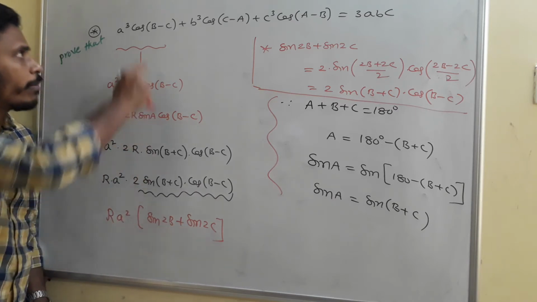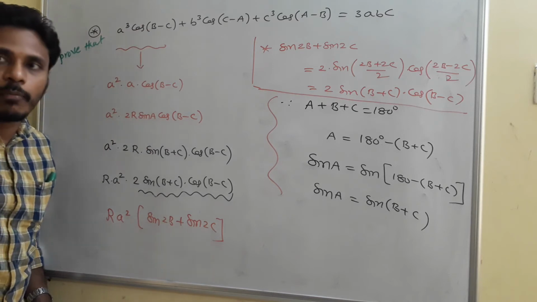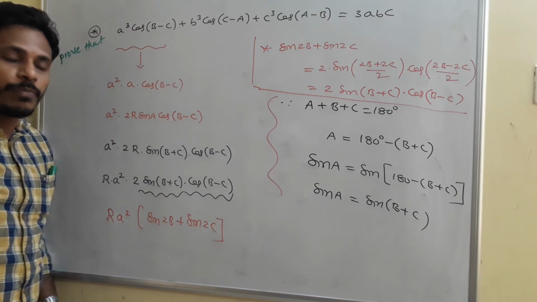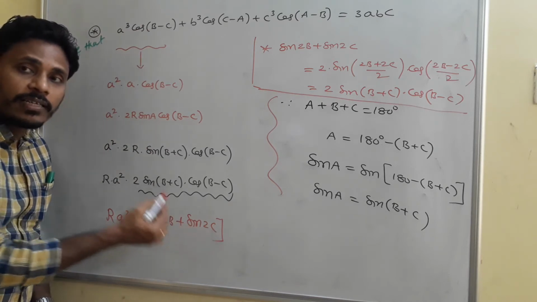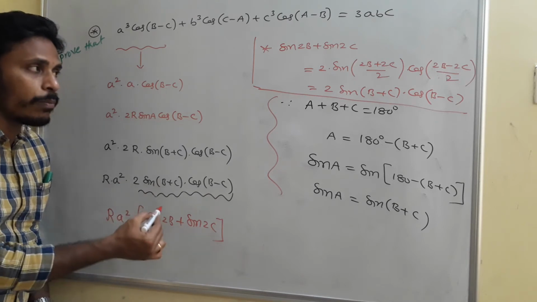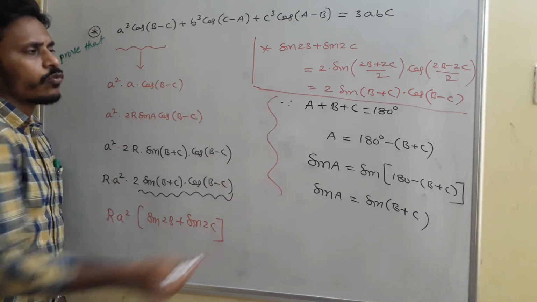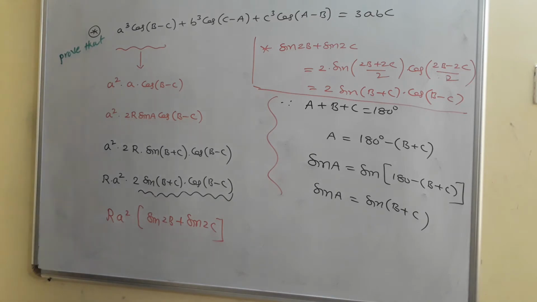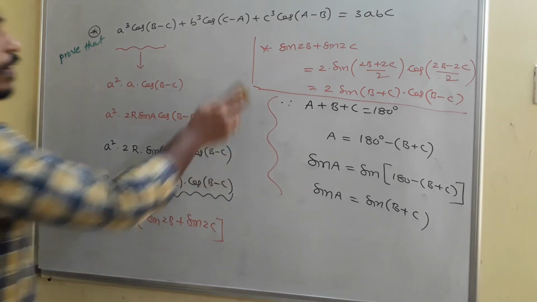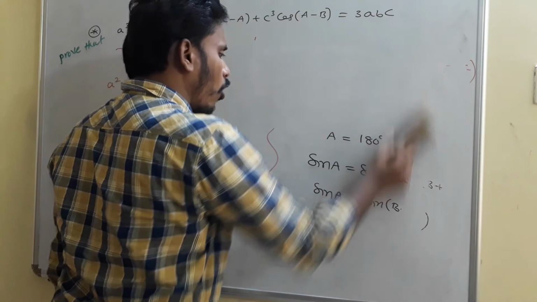This is the simplification of the first term of the left side, a cube cos(b minus c), which at the end is r a square (sin 2b plus sin 2c). This is not actually required for the problem; it is just a recapitulation of previous concepts.